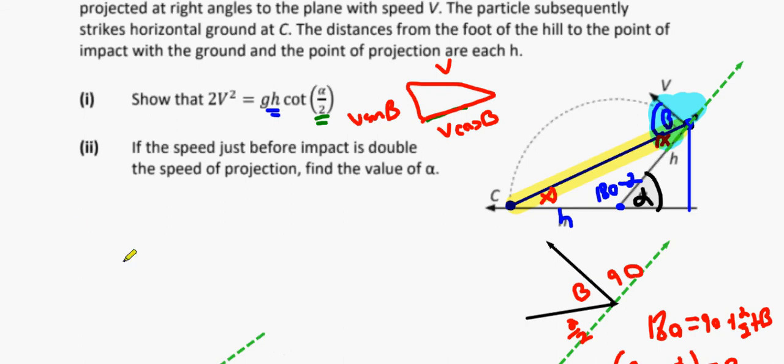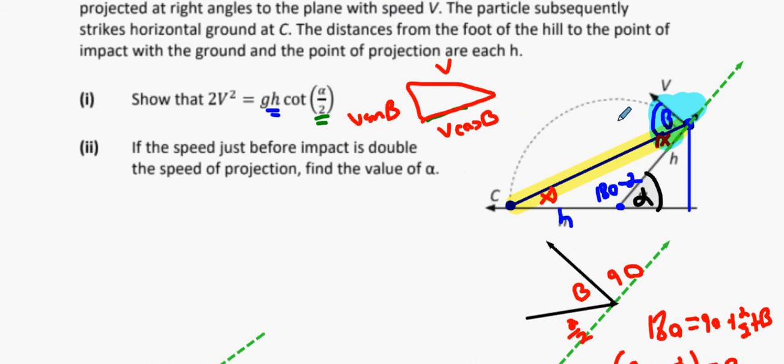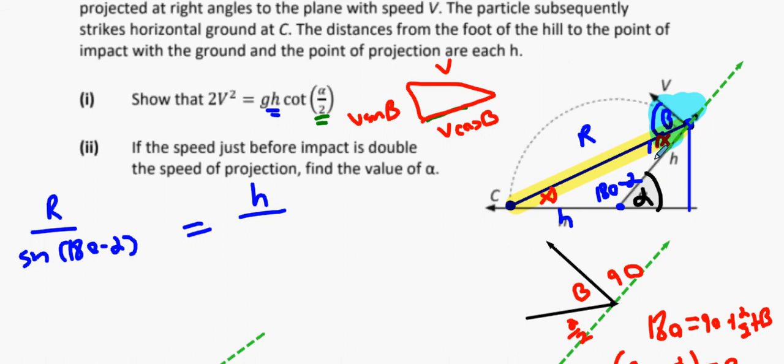I'm thinking something like this: sine 180 minus alpha. So we'll call this range, or range over sine 180 minus alpha is the same as h over sine x. And we all know that sine x is sine alpha over 2. Okay.